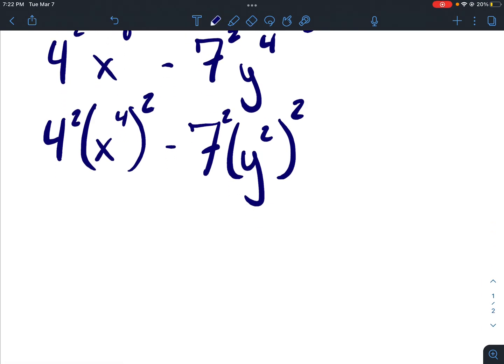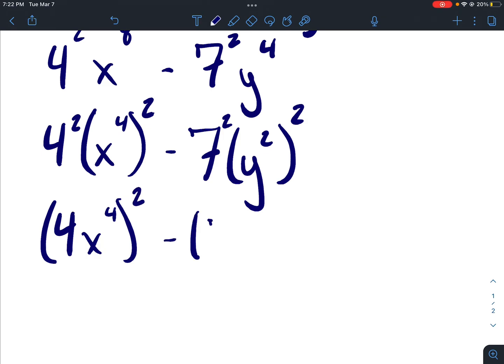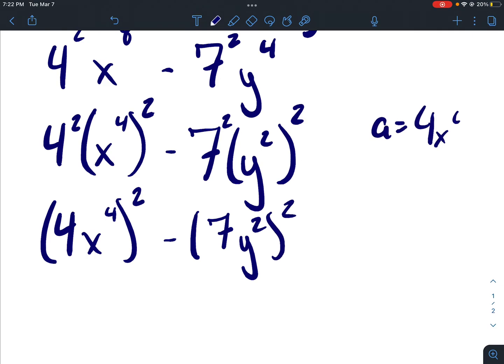Oops, excuse me. Missed that. So now I'm going to be left with 4x to the 4th, and that quantity squared, minus 7y squared, quantity squared. So my a is 4x to the 4th. My b is 7y squared.